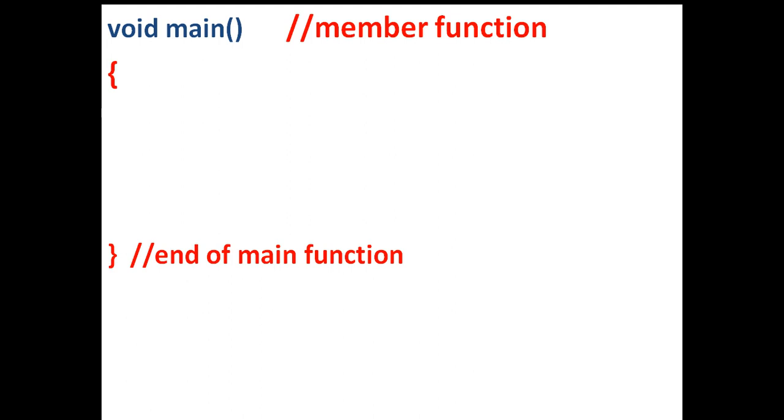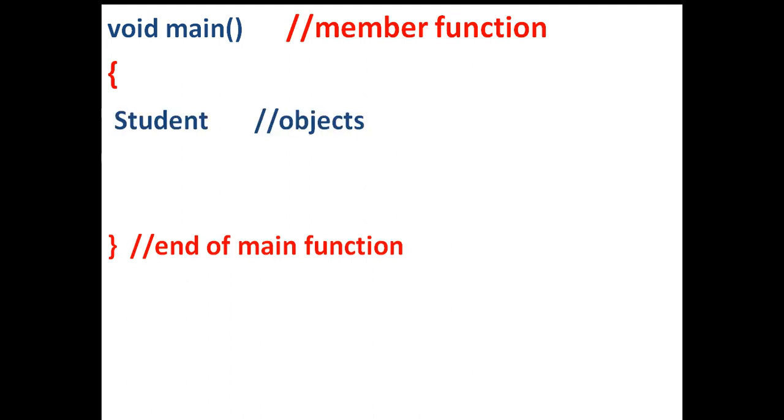To use any data of a class, we need objects. We have to create objects. To create objects, we write the class name first, then the object name. And to use a parameterized constructor, we always give values with the object in round brackets.